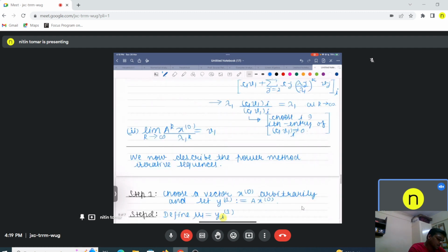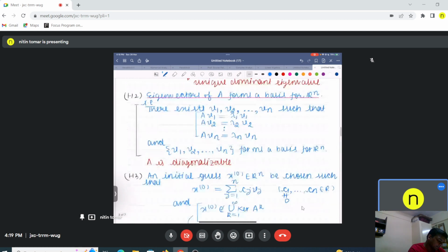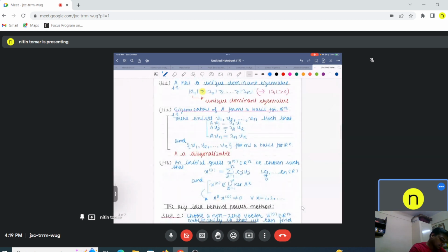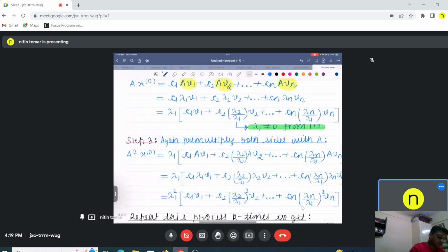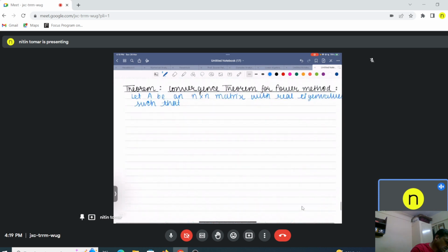I'm just going to copy those three assumptions from there. Such that the following properties hold.